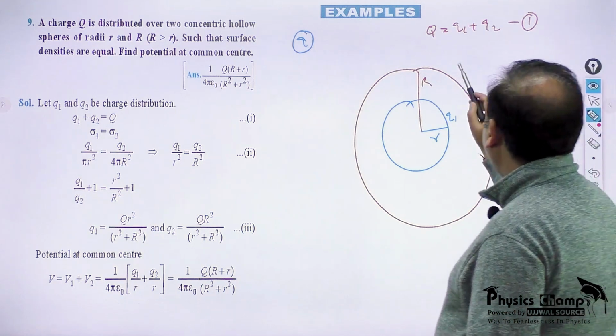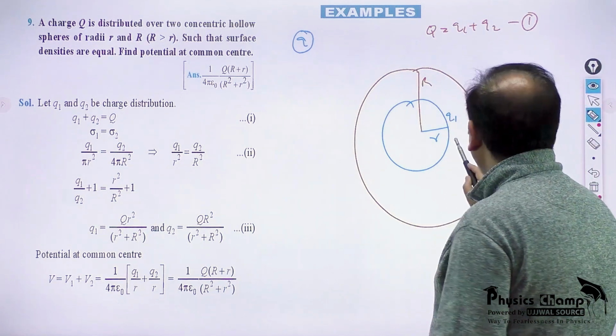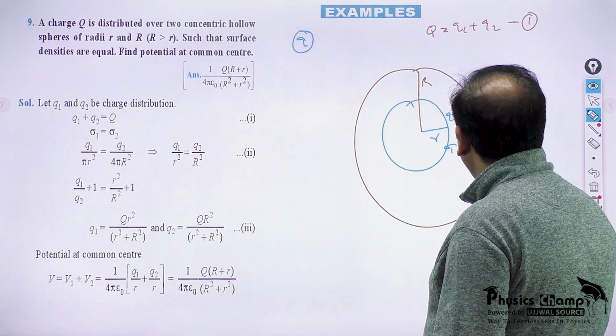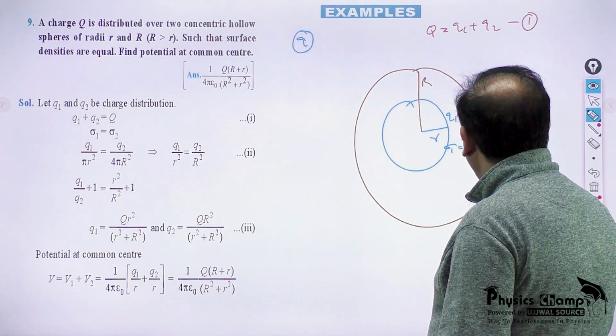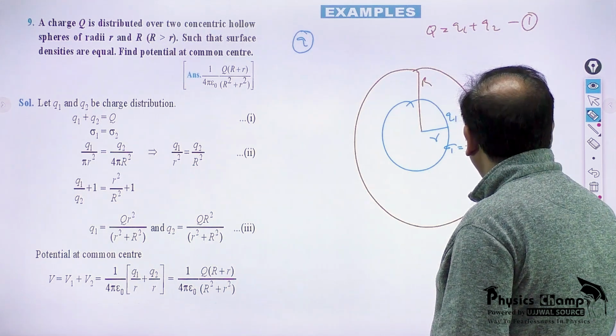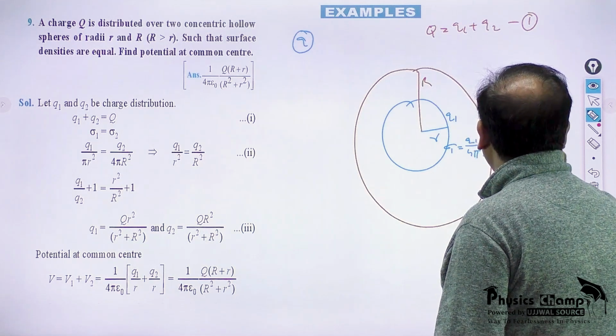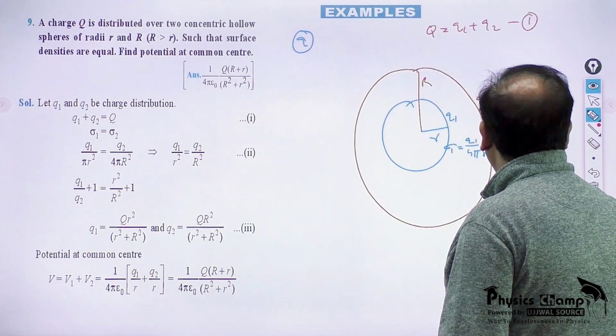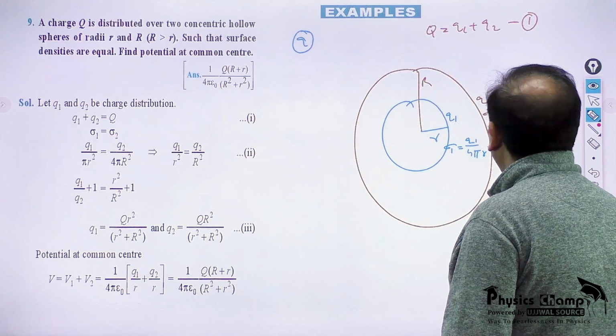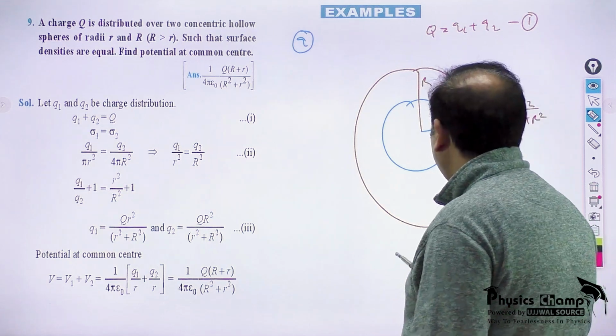So I can say sigma 1 may be the surface charge density here, which is Q1 by 4 pi r square, and sigma 2 is the surface charge density on the outer, which is Q2 by 4 pi capital R square. But the question says surface charge densities are the same.